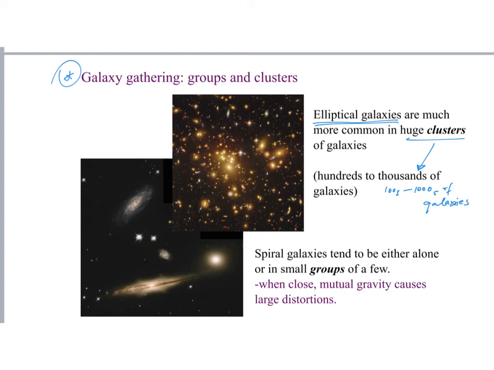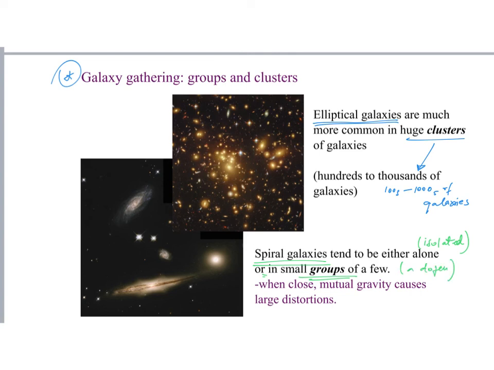And the spiral galaxies tend to be either alone, so isolated, or in small groups of just a few, maybe a dozen at the most.